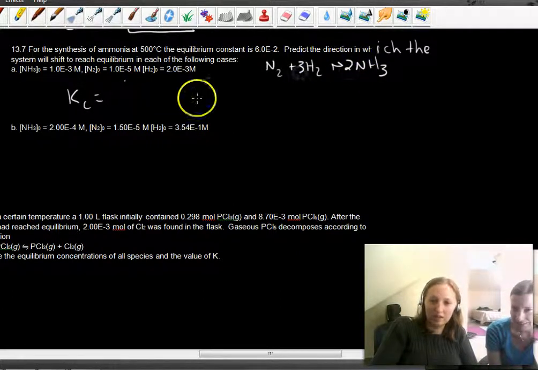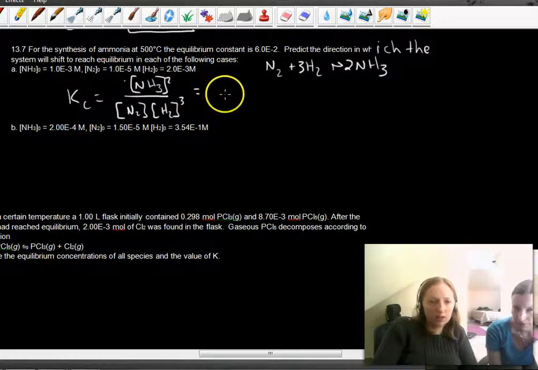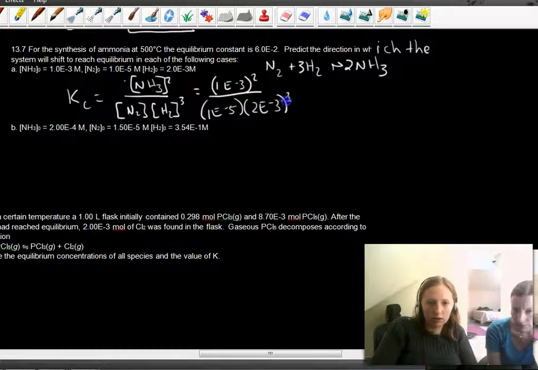But yes. So that's going to be NH3 squared. Don't forget your brackets. And nitrogen and hydrogen cubed. So that's going to be 1 e to the negative 3 squared over 1 e to the negative 5 times 2 e to the negative 3 cubed.